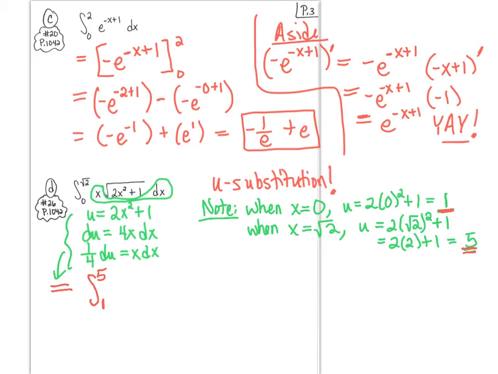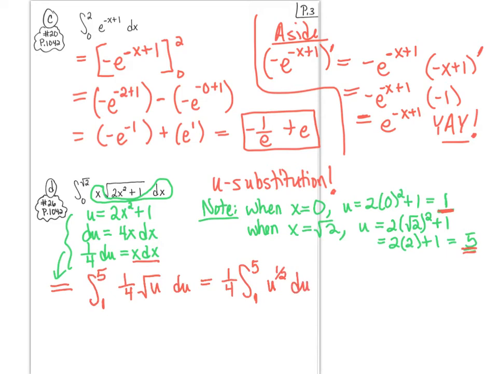And notice that x dx here, we're going to substitute in 1/4 du. And then you multiply that by the square root of u. Okay? So this is equal to 1/4 comes out, times the integral from 1 to 5 of u raised to the 1/2 du.